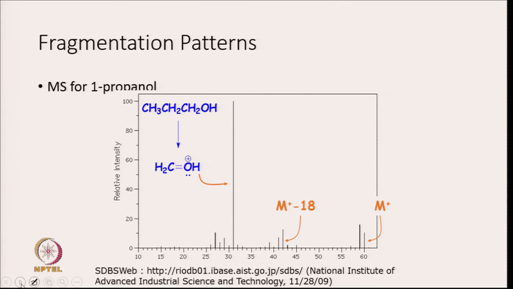This is the mass spectrum of 1-propanol, and it can break here, giving you CH2 plus OH, and here the plus charge is resonance stabilized, so it will act as the base peak with maximum intensity. Apart from that, you can get an M plus minus 18 peak, which is because of loss of a water molecule, and then the M plus peak is very small in the case of alcohols.